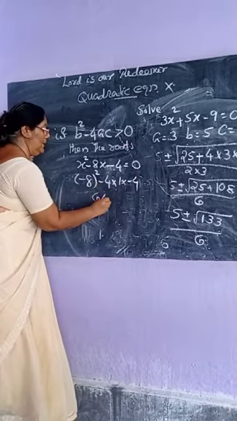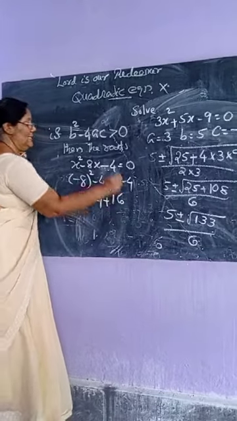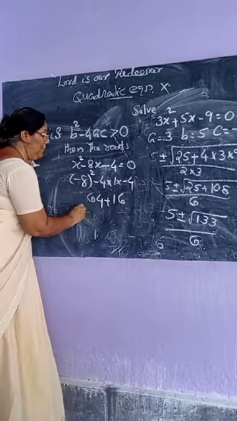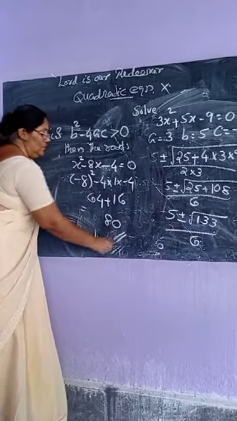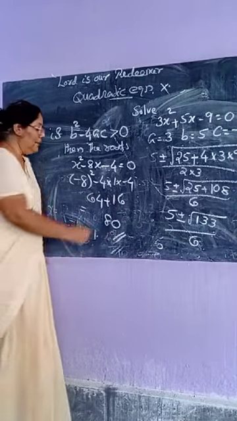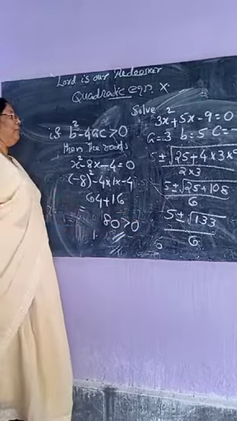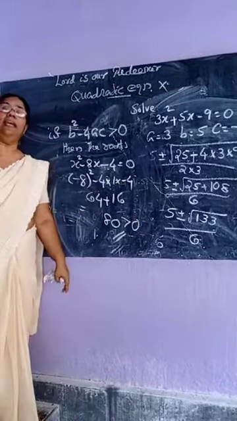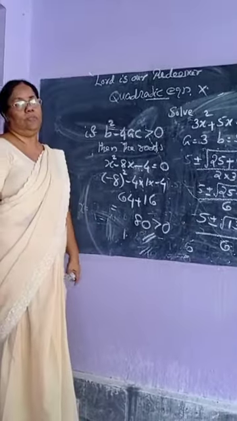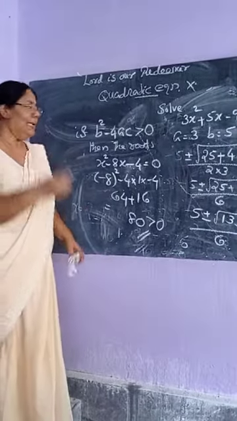This minus into minus plus, 4 fours are 16. What is 64 plus 16? 80. We know that 80 is a number greater than 0. Therefore, this quadratic equation contains two distinct values, or two unequal values. Understand?